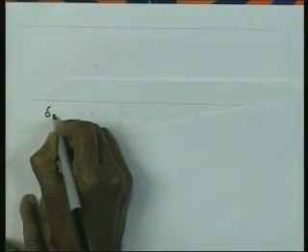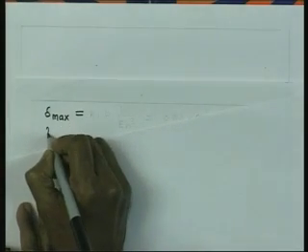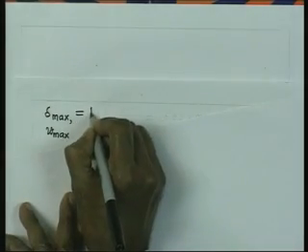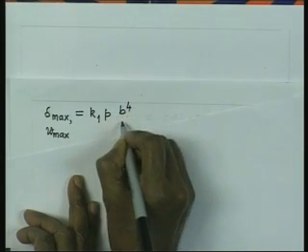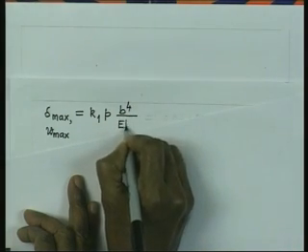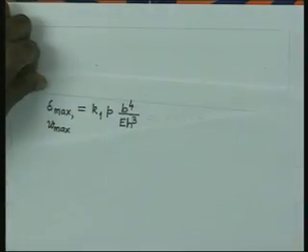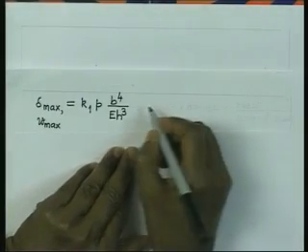So, if we calculate the maximum deflection, again it is given by the standard formula, delta maximum, or it will be W maximum is equal to K1 into P B4 by E H cube.